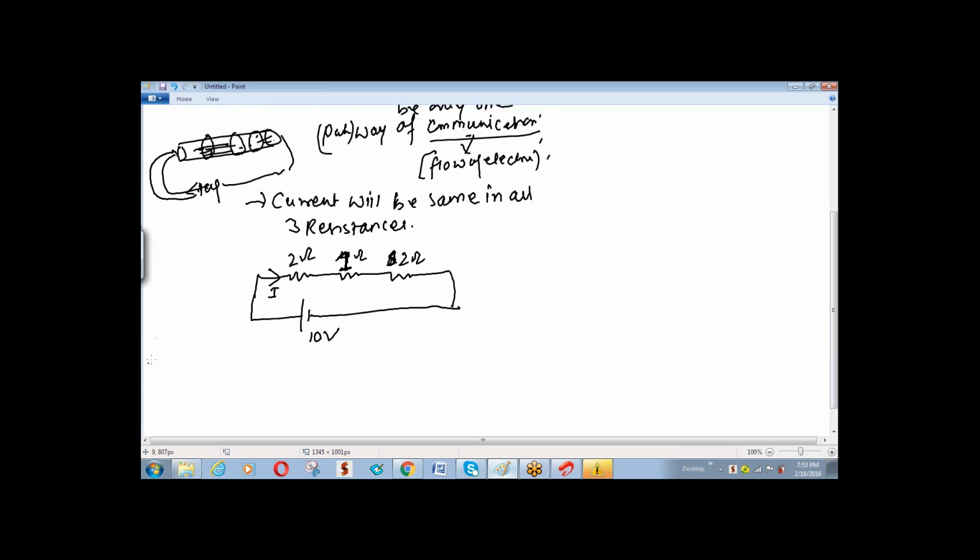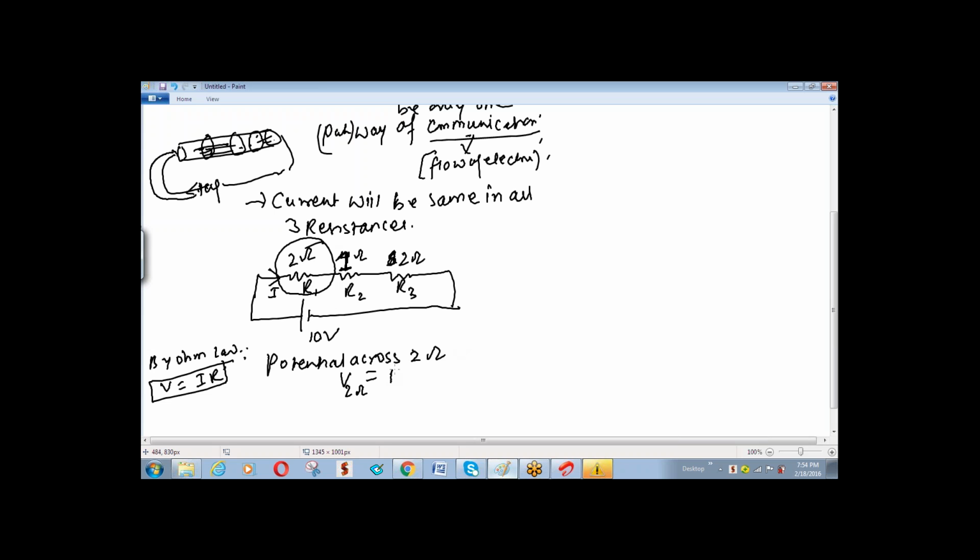Now by Ohm's law, we discussed V is equal to IR. By using this law, if I ask you, what is the potential across 2 ohm? That is, this first one, R1, R2, R3. Potential across this R1, you will say V across 2 ohm should be current in that.